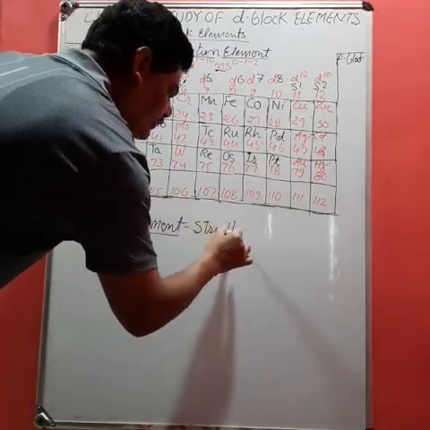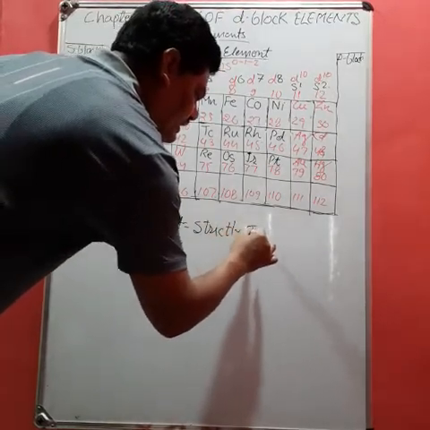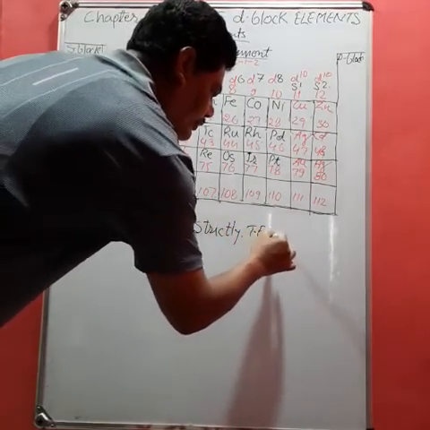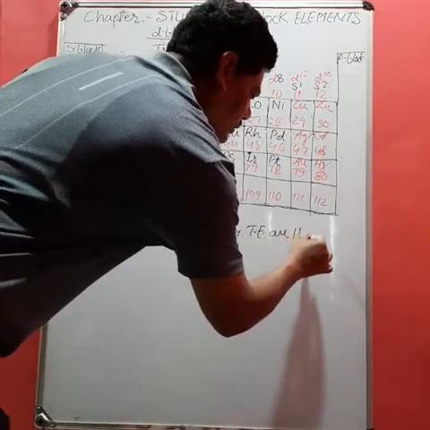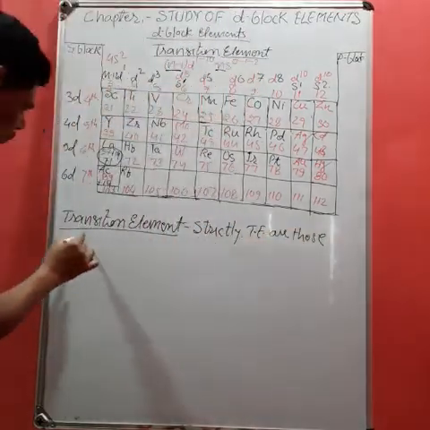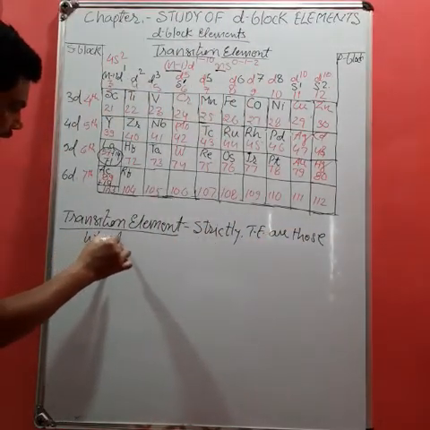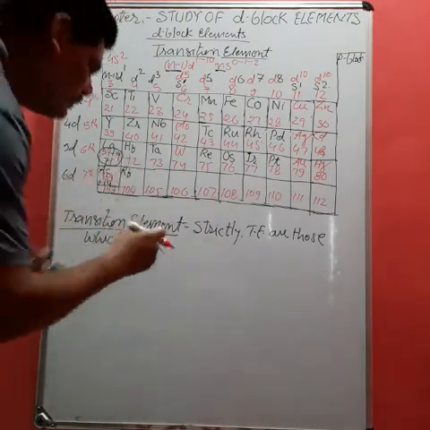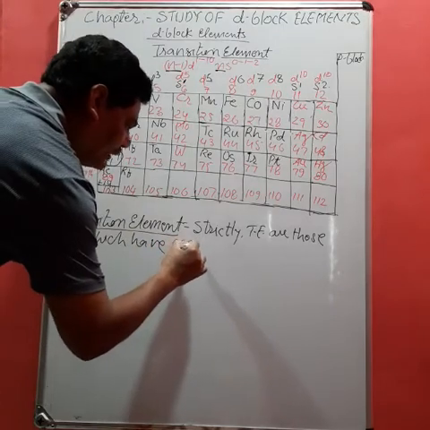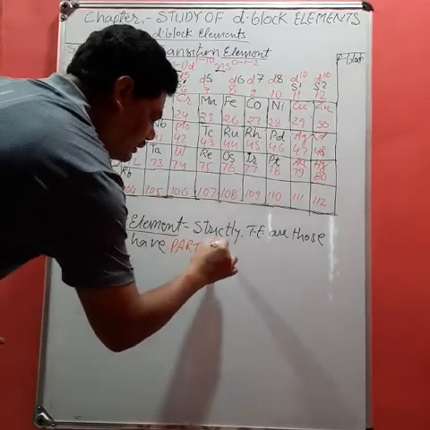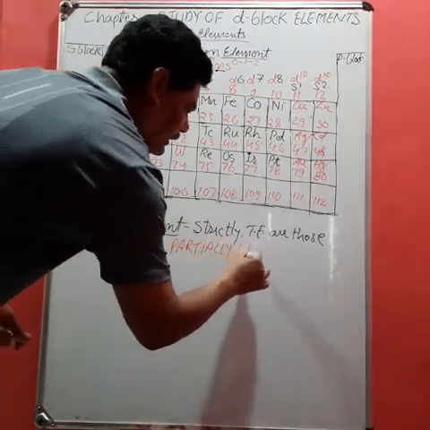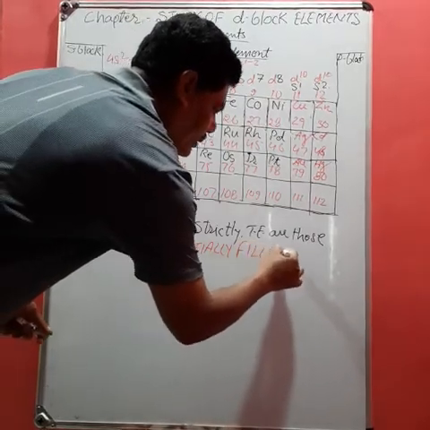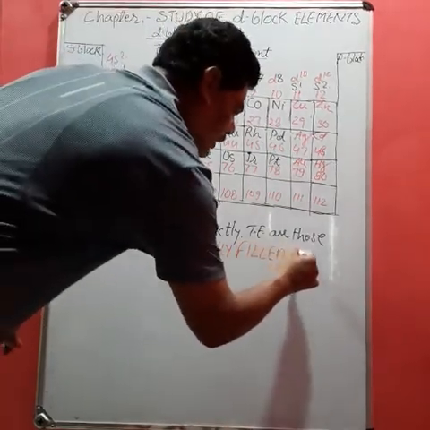Strictly, transition elements are those which have partially filled d orbitals.